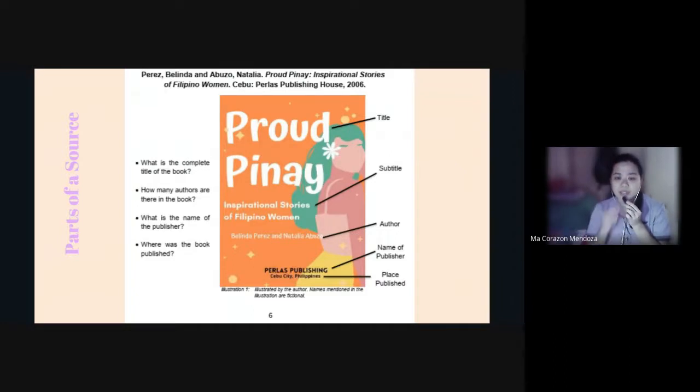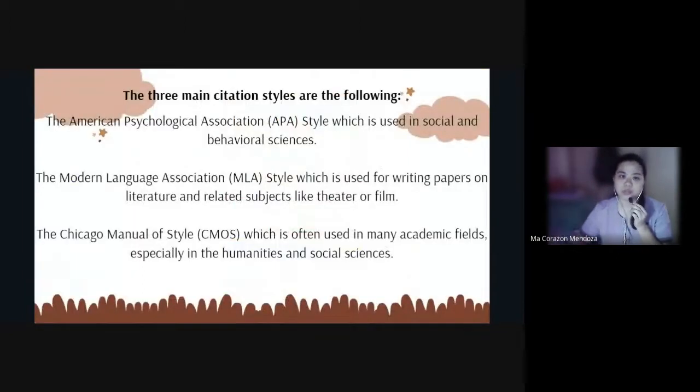Meaning, class, of course, a book can have one or more than one author. Next, name of publisher, meaning the company name of the printing press who printed the book or the source. Next, place published. So basically, here are the parts of a source.